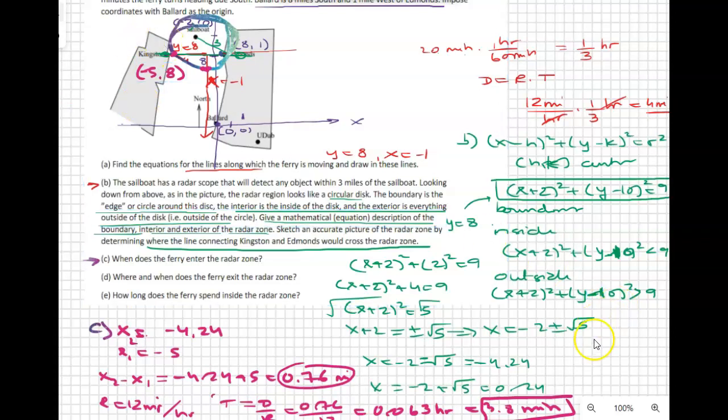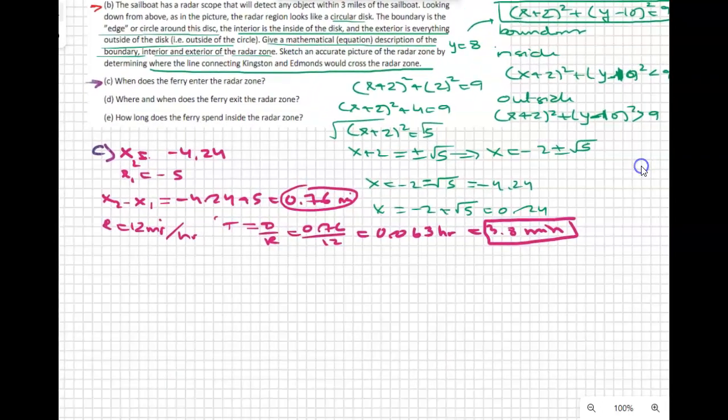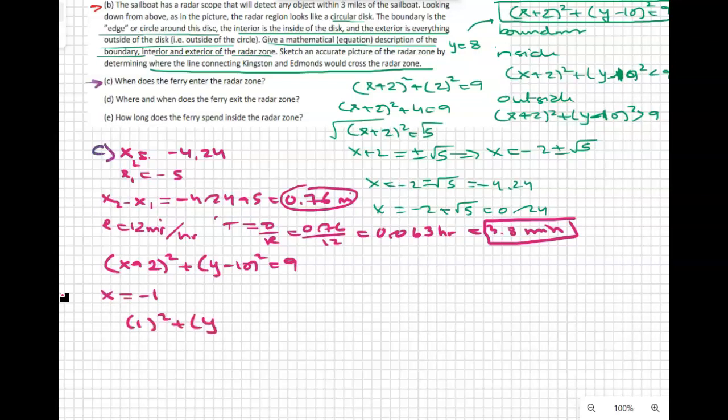But there's another point in time, which is here, when x equals negative 1. For that we need to go back to the circle equation, the radar zone: (x + 2) squared plus (y - 10) squared equals 9, and plug in x equals negative 1. We get 1 squared plus (y - 10) squared equals 9, so (y - 10) squared equals 8.